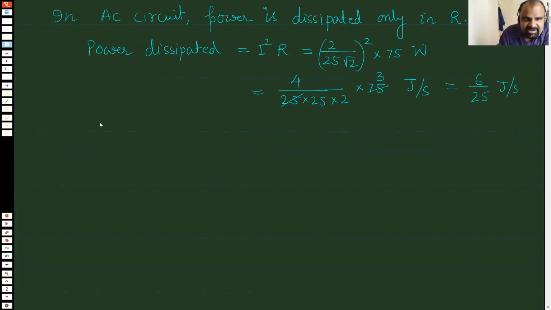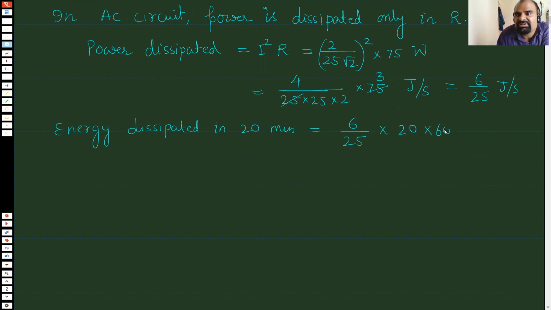Now energy dissipated in 20 minutes will be 6 by 25, this is energy dissipated in 1 second, into 20 into 60. These many joules, because 20 into 60 are the number of seconds. So cancel with the 5.